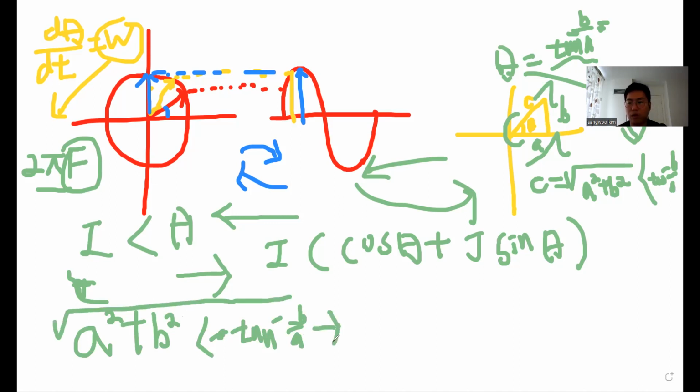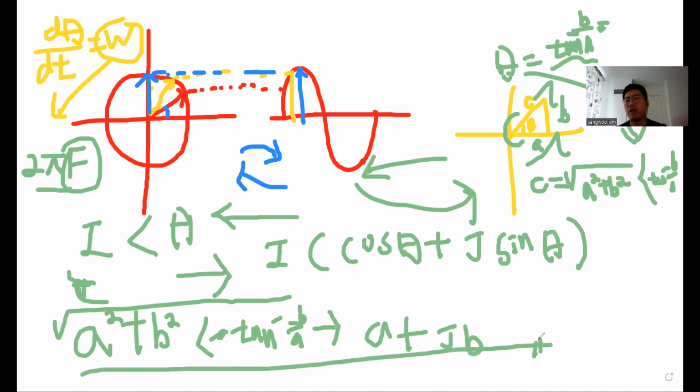This is also explained as A plus jB. This is a phasor. So we could explain it in polar coordinates and complex numbers. It's not easy to understand right away what I'm saying now, but that's why we need to use a phasor. Okay, let's move on.